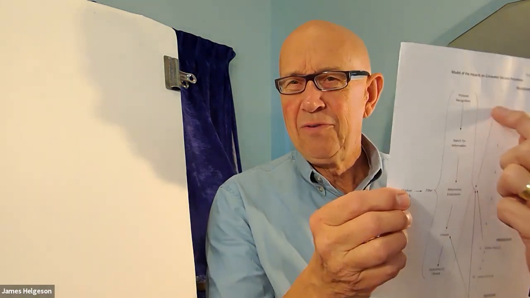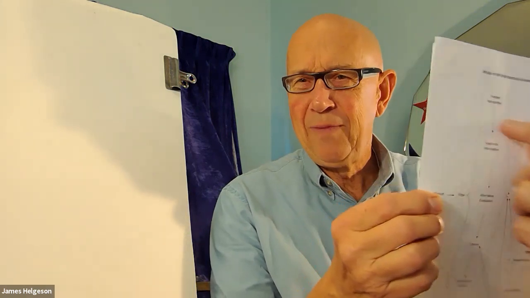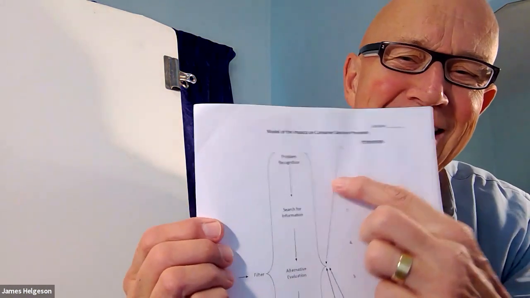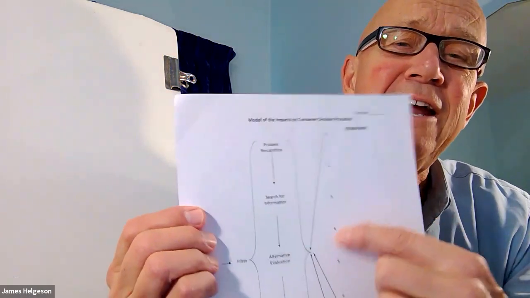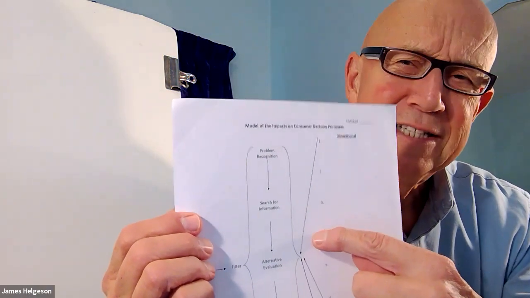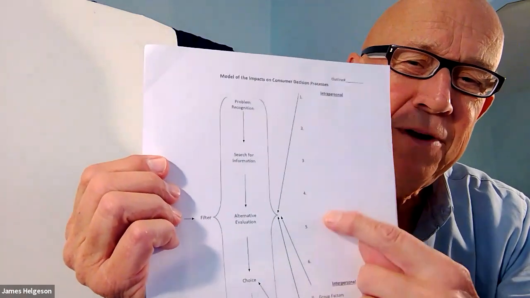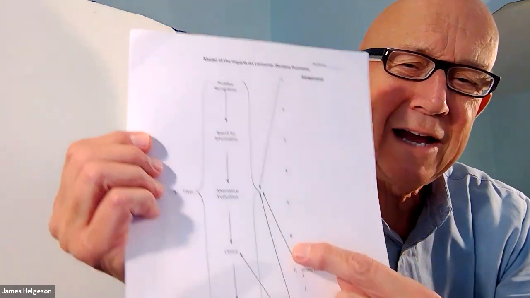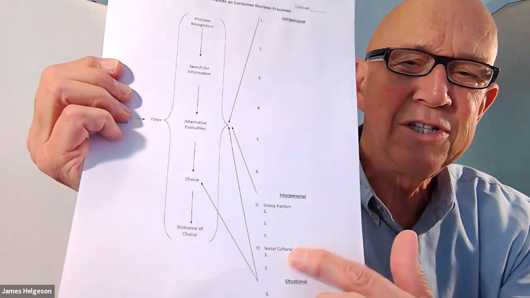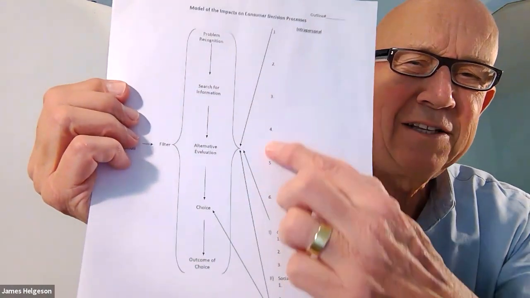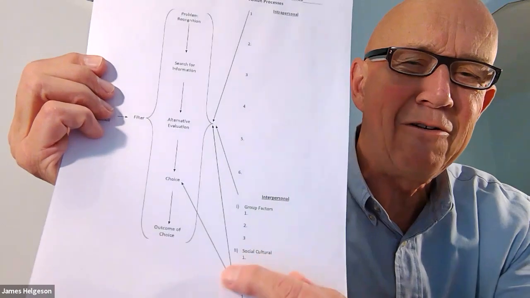And so we've got this bracketed off here, and I've got an arrow down here from psychological impacting that process. We've got an arrow up here from sociological impacting that process. And then situational, we've got it impacting the process, but then we've got another extra arrow from situation.